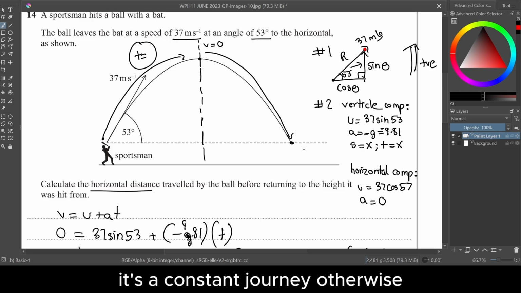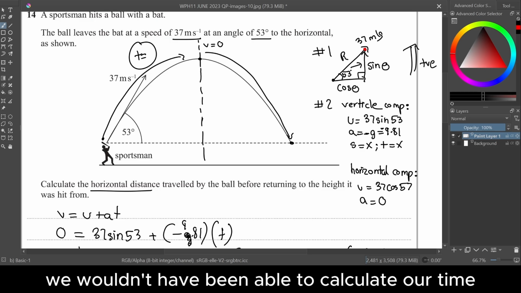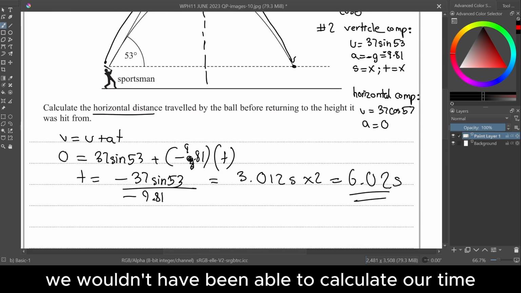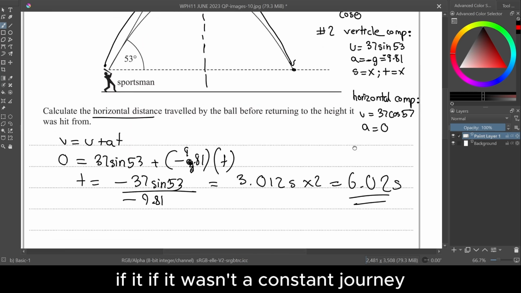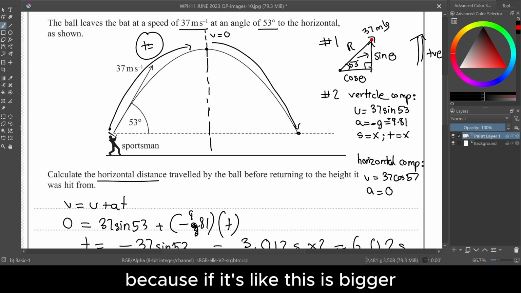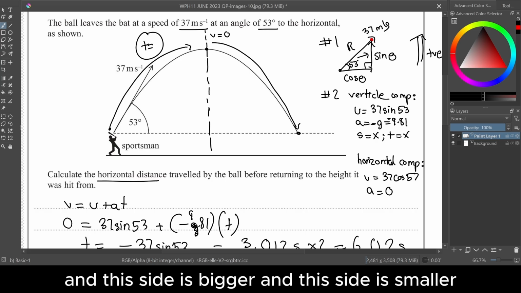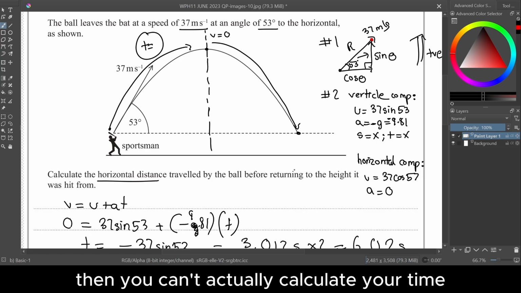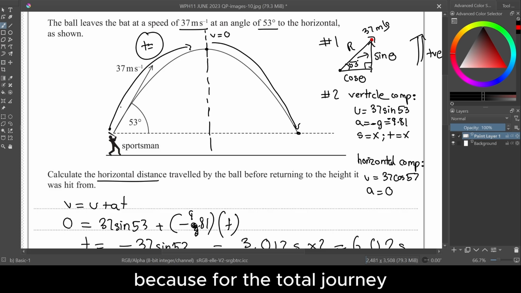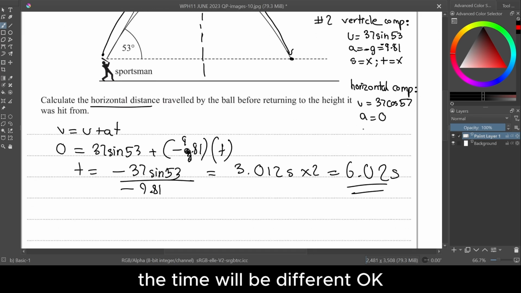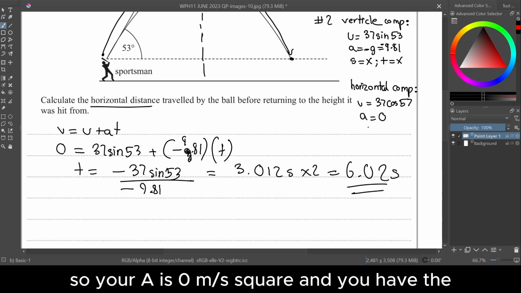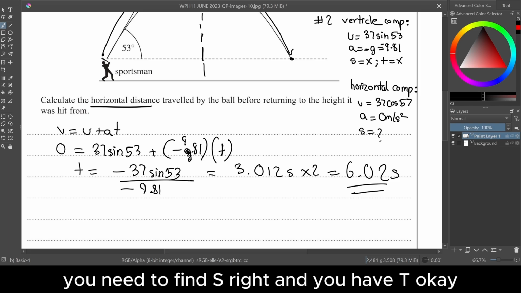Otherwise, we wouldn't have been able to calculate our time if it wasn't a constant journey, because if this side is bigger and this side is smaller, then you can't actually calculate your time, because for the total journey, the time will be different. Okay, so your a is 0 meters per second squared, and you need to find s.